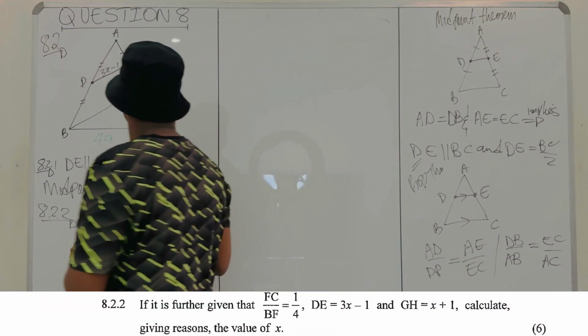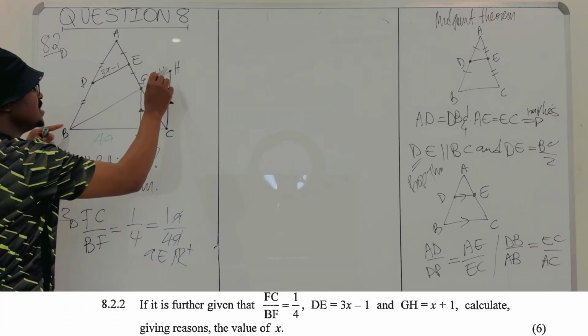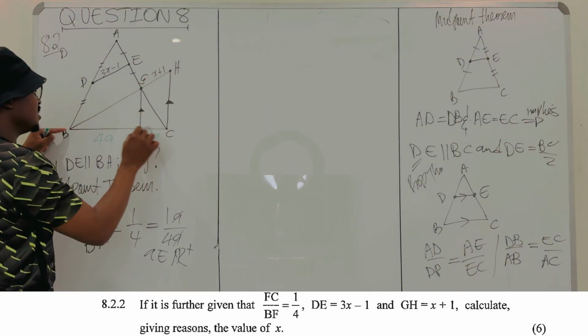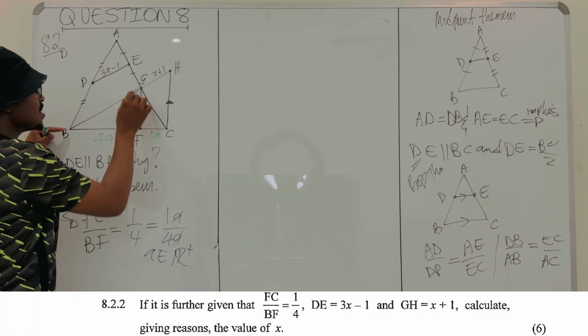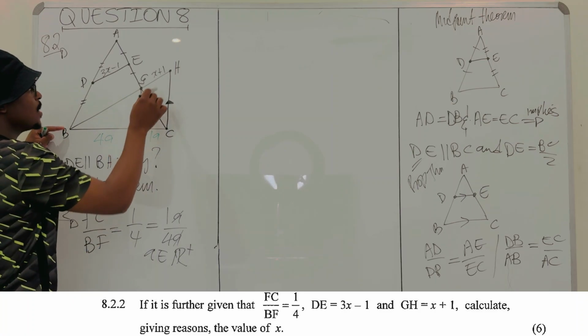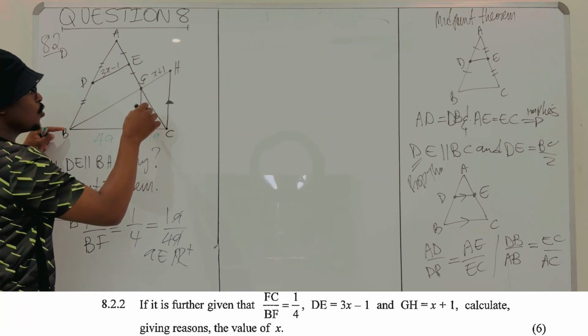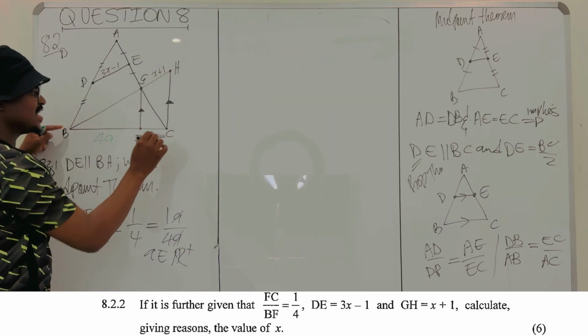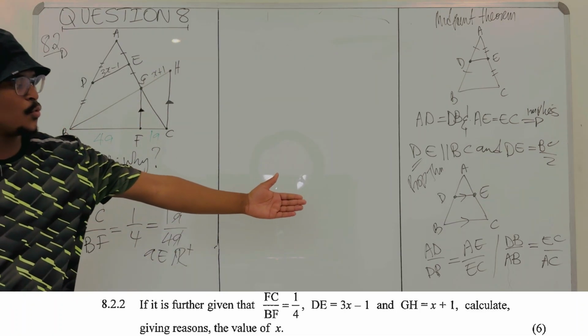So if you're looking at triangle BHC, look at triangle BHC, this triangle over here. It's divided by FG, and the FG is parallel to the third side. So this FG of yours will be dividing these two sides at the same ratio, in the same way as that.